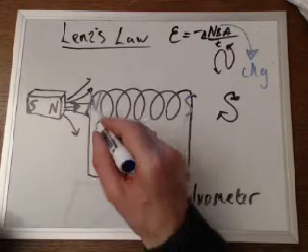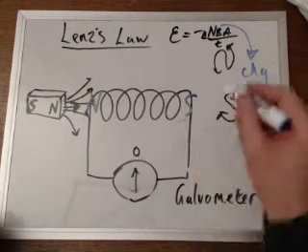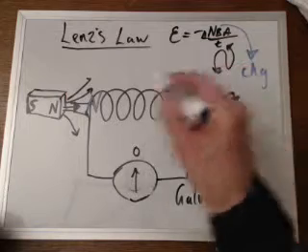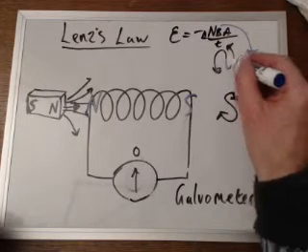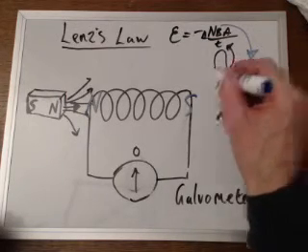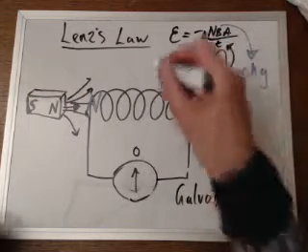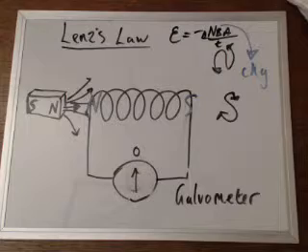Now, if there's a north pole set up, you will see that by the idea, if you're looking from above onto the wire, and if you imagine you've got an end like that, you'll find that the current will flow in an anti-clockwise direction.